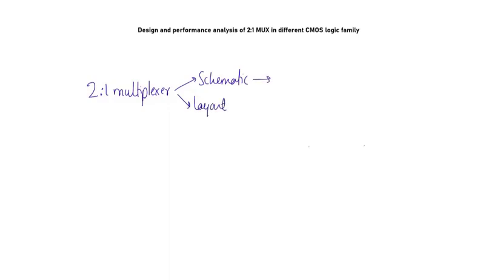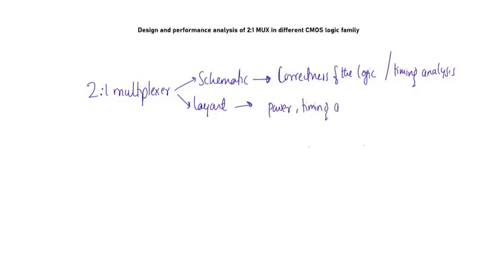This will help us understand the correctness of the logic along with doing the timing analysis. And when we do the layout, this will also help us understand the correctness of the logic, but along with that I can calculate many other parameters like power, and then I can compare the timing analysis I have done in the schematic with the same timing analysis when I do the layout.